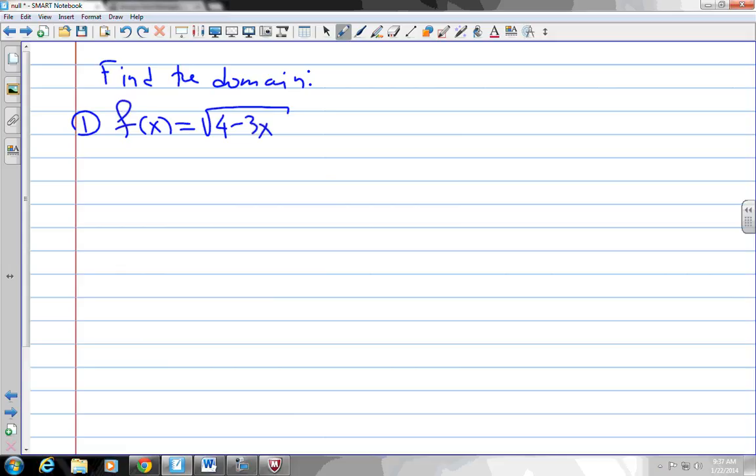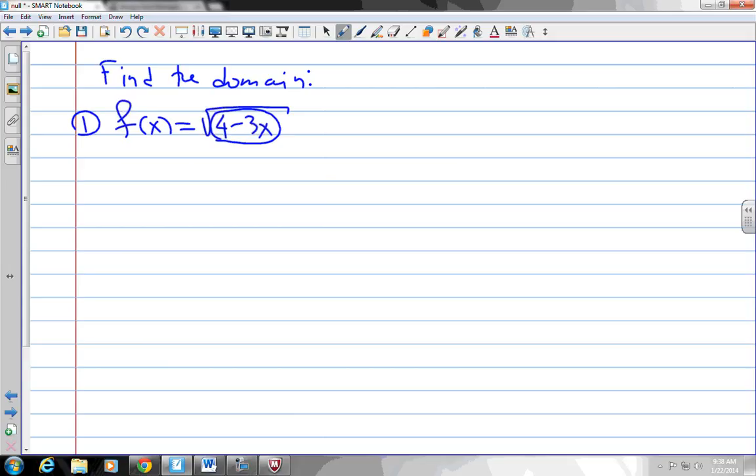When you're dealing with a function that has a square root, or any even root for that matter, it could be the 12th root, we need to make sure that we do not take square roots of negative numbers, right? So that means the radicand, this is what we call a radicand, 4 minus 3x, has to be non-negative, meaning greater than or equal to 0.